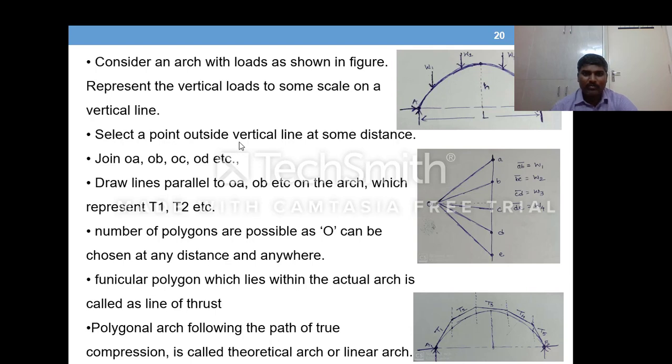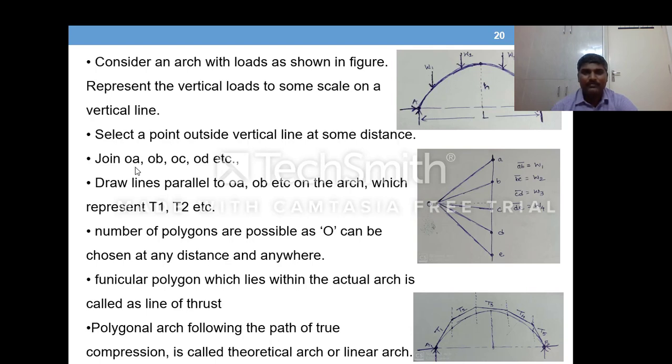Then you select a point outside the vertical line at some distance. This is what the point is. That is done. Right.